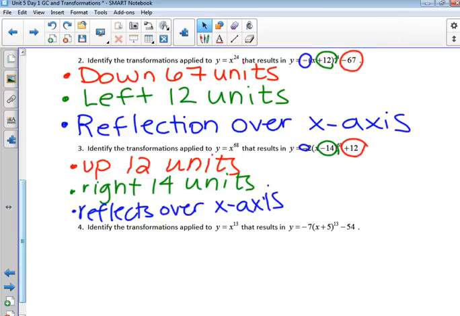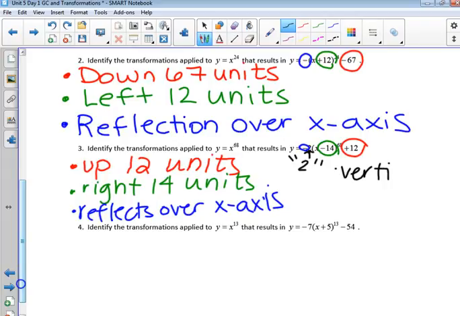And then remember, when you look at the number, we need to see if it's between 0 and 1, it's a vertical compression. If it's greater than 1, it's a vertical stretch. Okay? So this 2 is a vertical stretch.